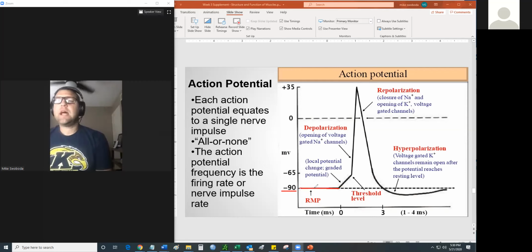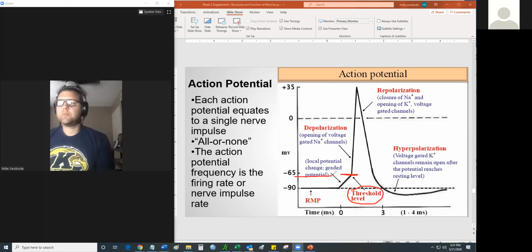Now, when an action potential begins to occur, you start this process here where you're getting more positive energy going to your nerve cell. You hit this point called the threshold level, which is right here.